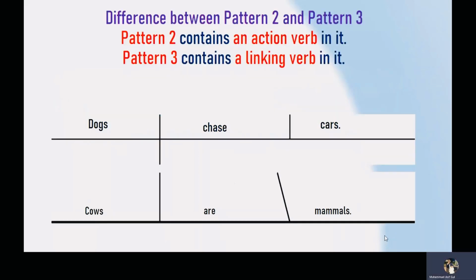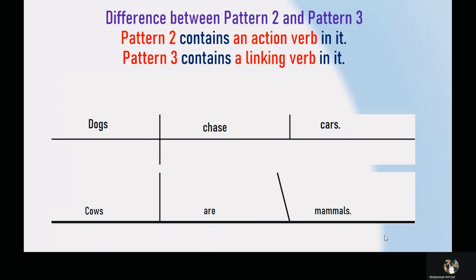And let's see the difference between pattern 2 and pattern 3. There is one main difference: in pattern 2, we have an action verb and we have objects also. As you can see, dogs chase cars. Chase is an action verb, and cars is an object.